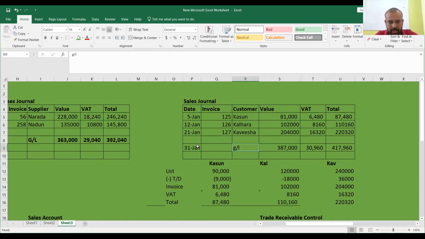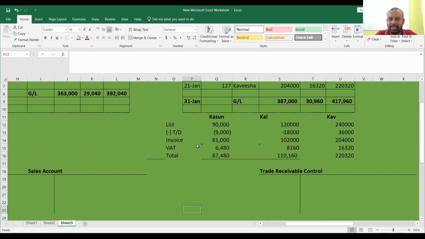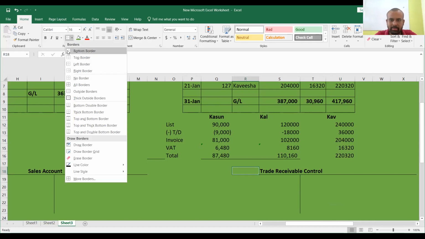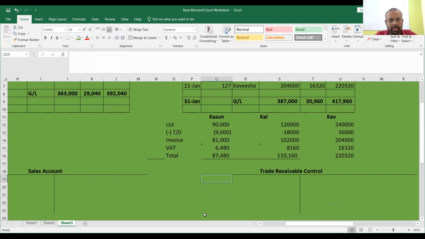Always you need to write it. If it is a journal, yes, you need to write it. Total posted to GL. But again, how much is your sales income? Only 387,000. That has to be debited to the trade receivable control account on 31st January.